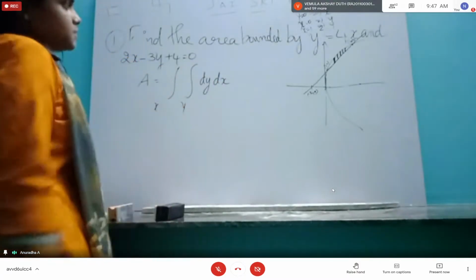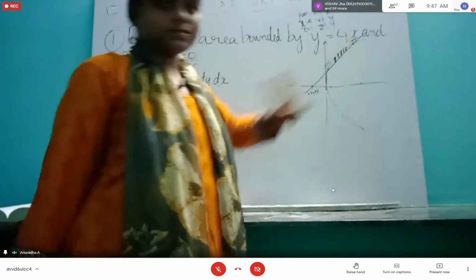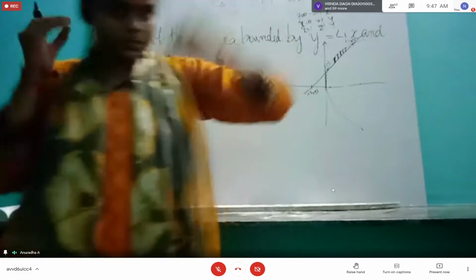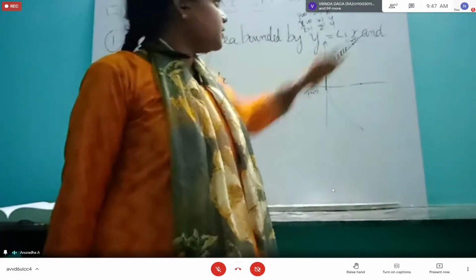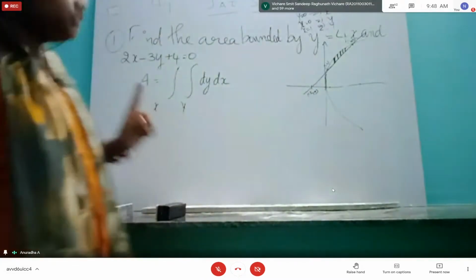So what are the y limits? Please don't look at these points. The strips we have drawn, we have to take where each touches in the lower and where it touches in the upper. So the minimum is the straight line equation. We have to write it in equation form.